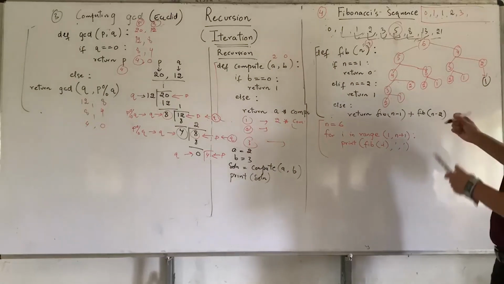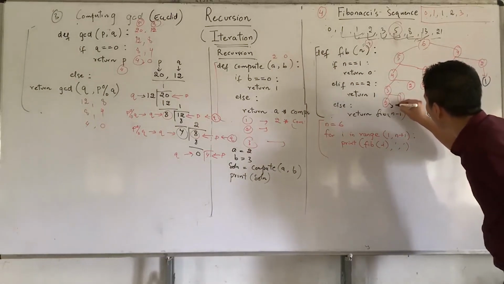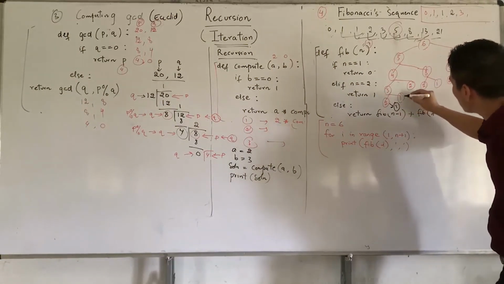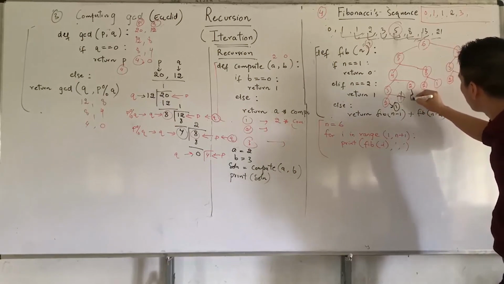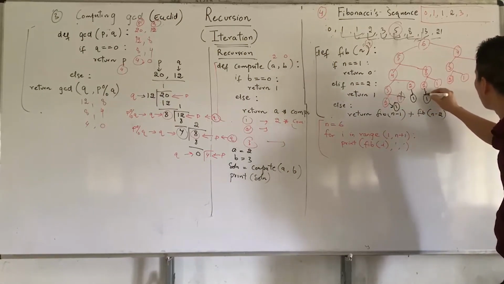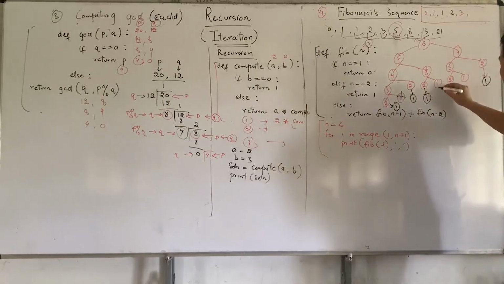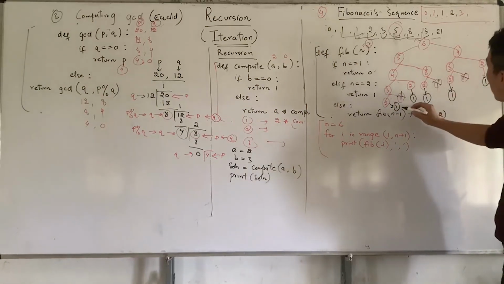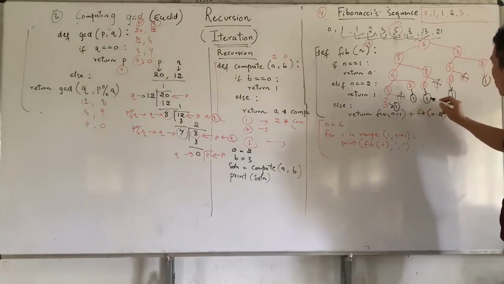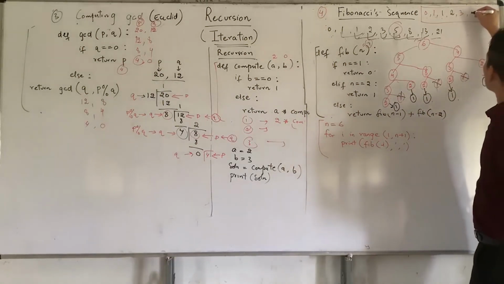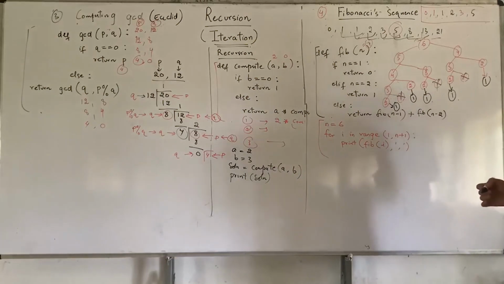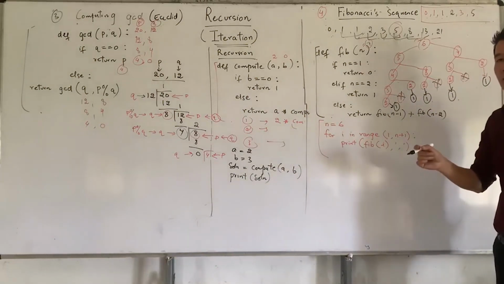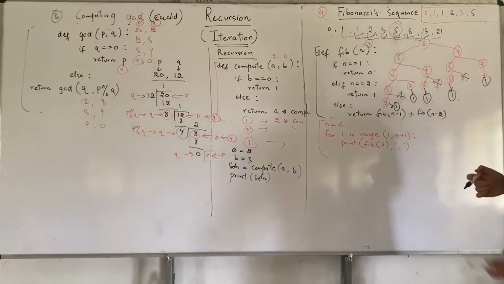So finally, this will give me 1, this will be 0, this will be 1, this will be 1, and then this will be 0, this will be 0, and this will be 1, and then when you add all the numbers, 1, 2, 3, 4, 5. So this is how you get 5 as the 6th number in the Fibonacci sequence.